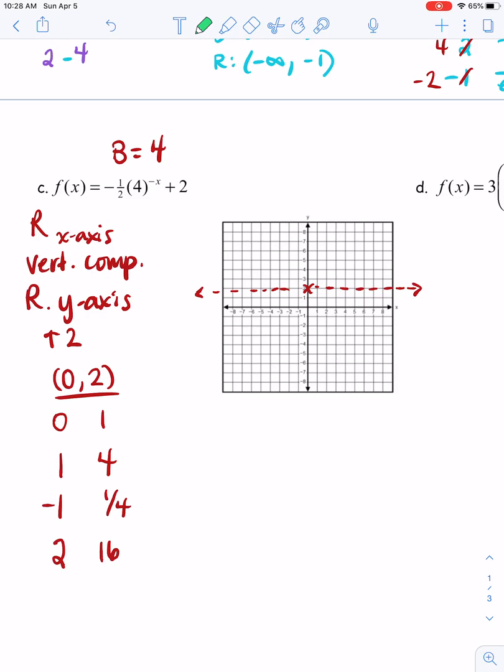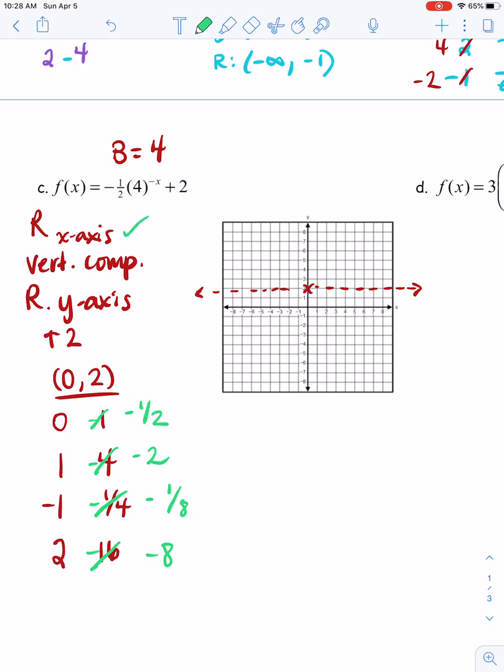So that means this is now negative, negative, negative, negative. If I have that vertical compression of a half, then that means all of them get multiplied by 1/2. So this is actually now really -1/2, -2, -1/8, and then this would just be -8.